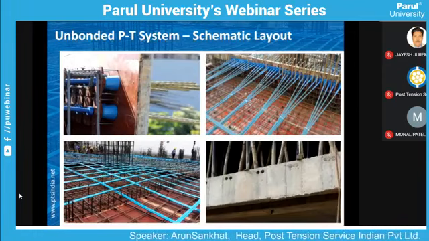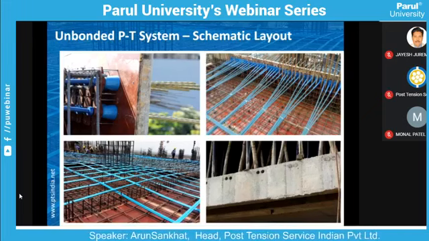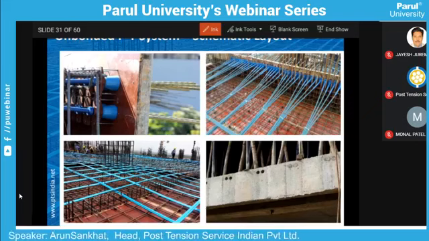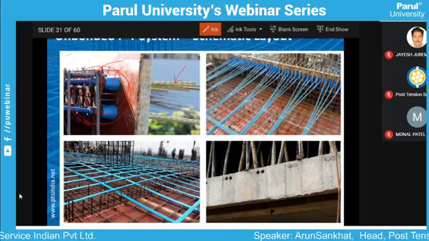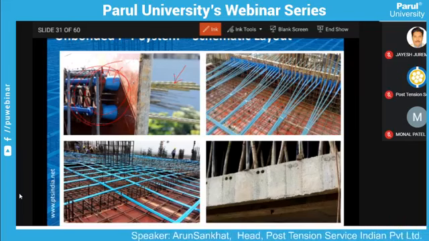These are some images from the site. This image is from the site, having an anchor plate, pocket former, then a part of the cable taken out from the edge, or the side of the slab or beam, for stressing.